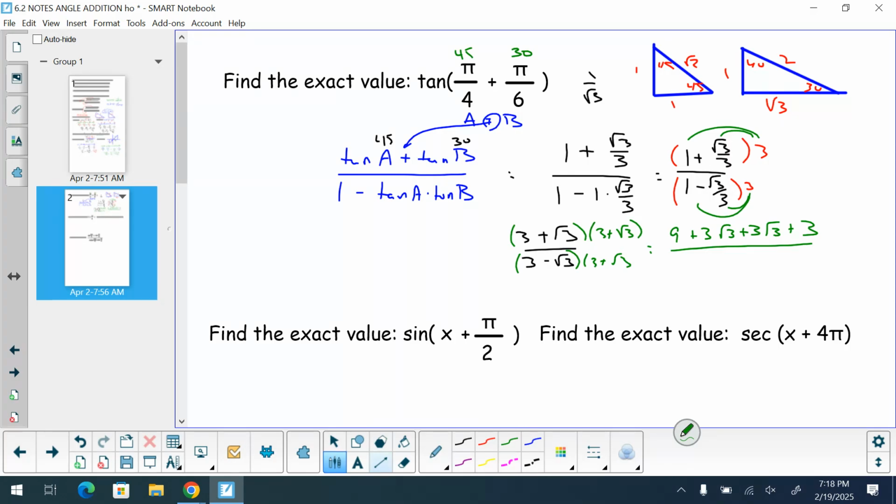So we're just left with 9 minus the value of 3. We have minus square root of 3 plus square root of 3, the 3 square root of 3, they cancel out. Simplifying, 9 and 3 gives me 12, plus 6 square root of 3, over 6. And this will even cancel out even more to give me 2 plus square root of 3.